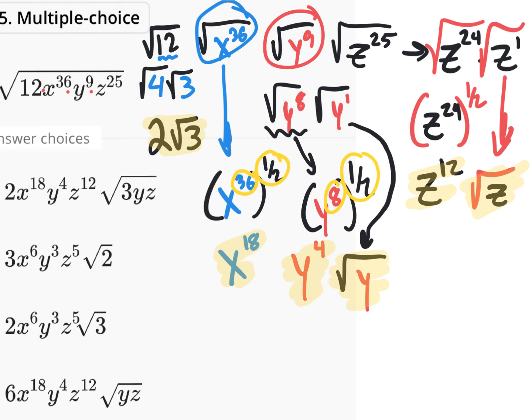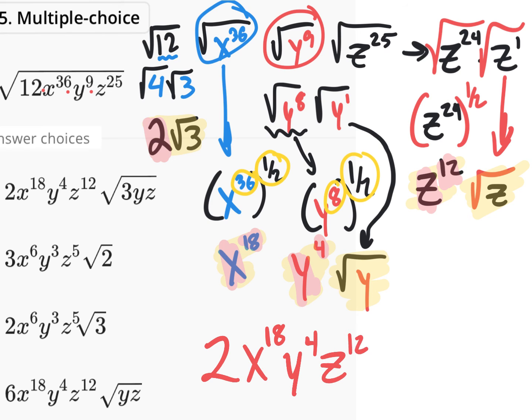So let's begin with the values that are out in the front. We have a 2, we have x to the 18th, and we have a y to the 4th, and a z to the 12th. Again, I'm ignoring all the square roots for now. So here's our answer so far. 2, x to the 18th, y to the 4th, z to the 12th.